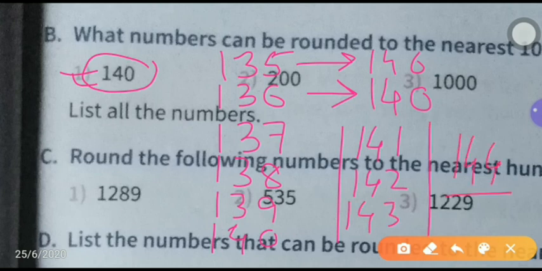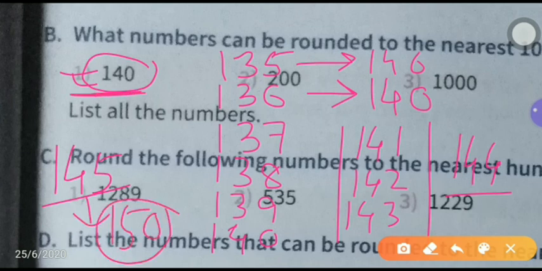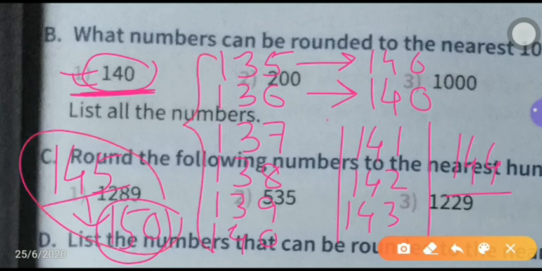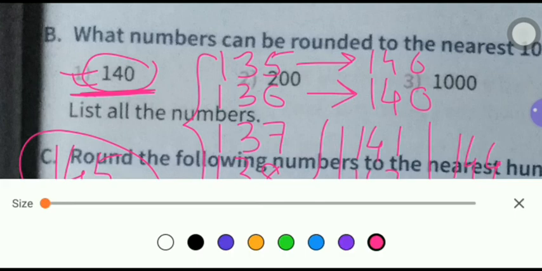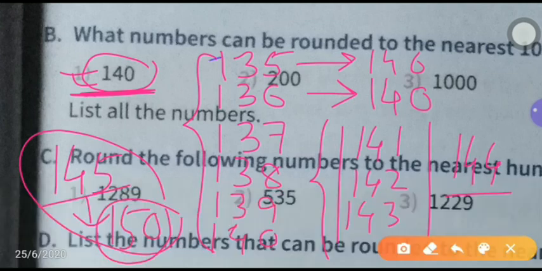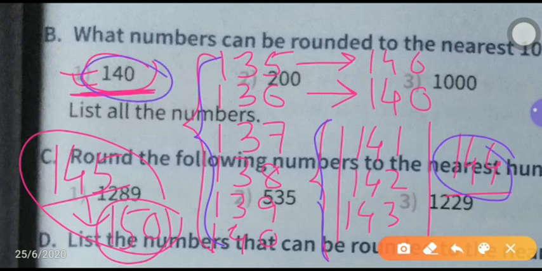After 144, if you write 145, then if you round off to the nearest 10, it will become 150. But they have given 140 here. So these numbers, when you round off, you will get 140.